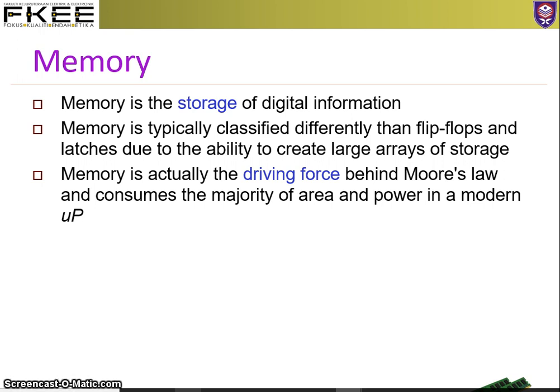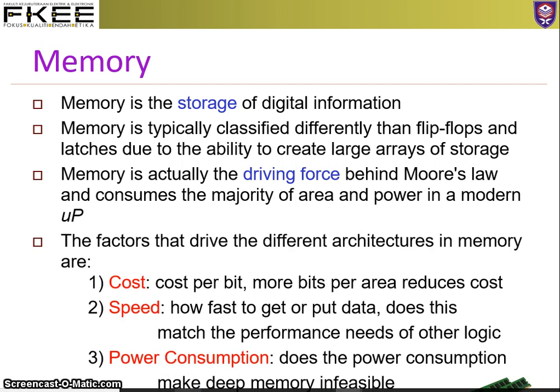And memory is actually the driving force behind Moore's law, where we double the number of transistors every 2 years. And memory consumes the majority of area and power in a microprocessor. So that's why when designing a memory, we have to talk about the cost.